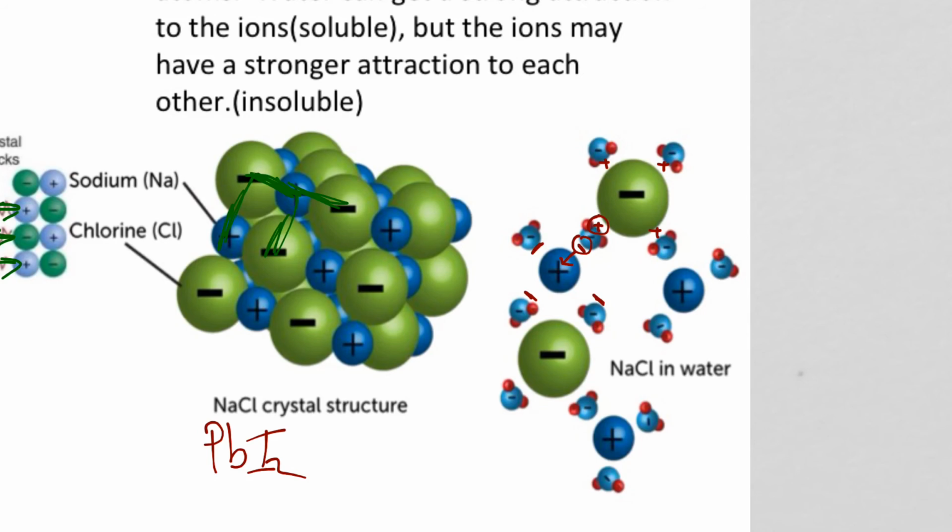Over in the third slide at the bottom, the PbI2, that one does not dissolve in water because lead and iodine hold such a strong force that the water cannot overcome it, at least not too much. It technically does dissolve, but a very, very minute amount. We'll be investigating that later in the year. And that would be called insoluble.